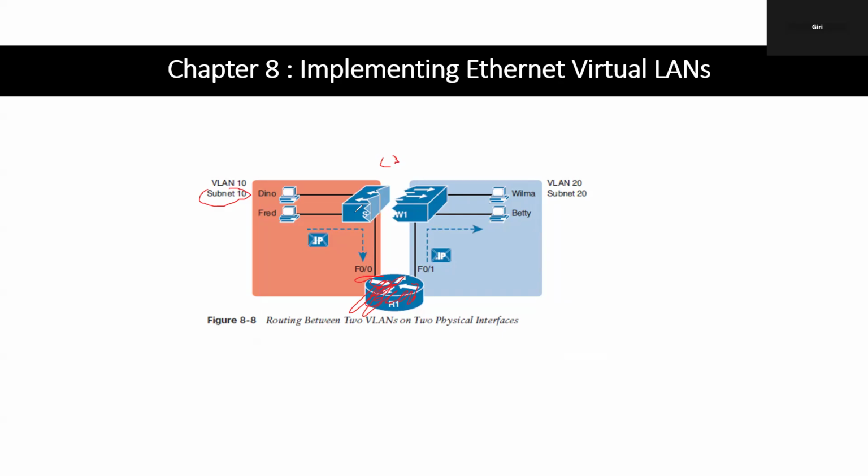Because we can't send traffic based off of just layer three alone within layer two, right? We need to learn the MAC address. We need to know how to forward the frame. Can we agree? Okay. So Dino and Fred is going to say, hey, I'm a host, let me go ahead and do an ARP request.